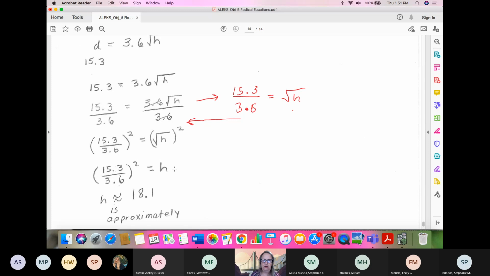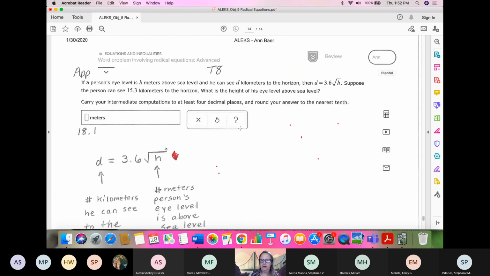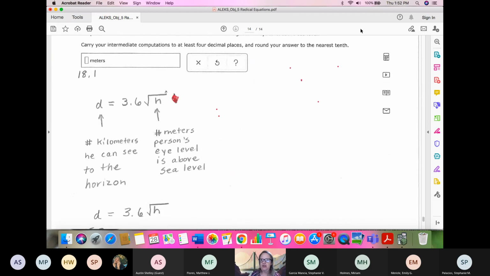That just gives us H here. And if you put this in a calculator and figure out what this is equal to, you will get 18.1 if you round correctly. There's a calculator here in ALEKS that you can use to figure this out.